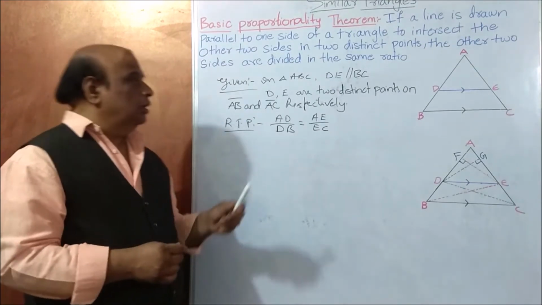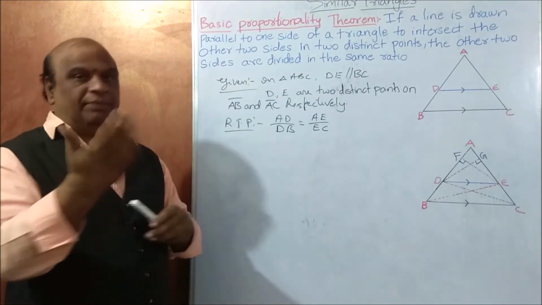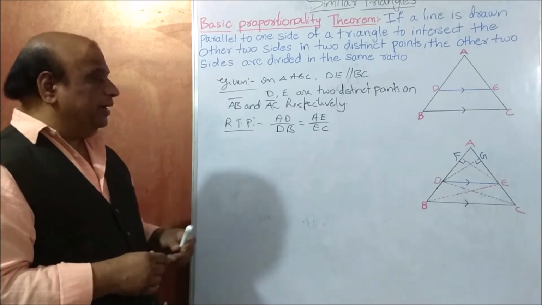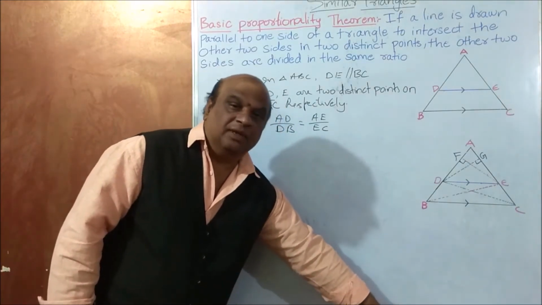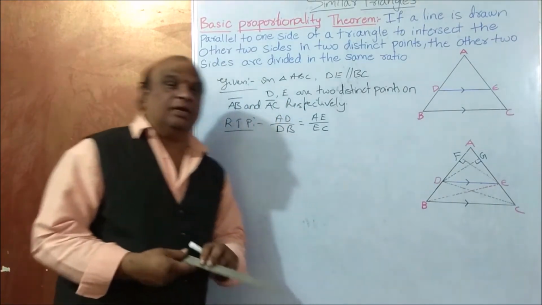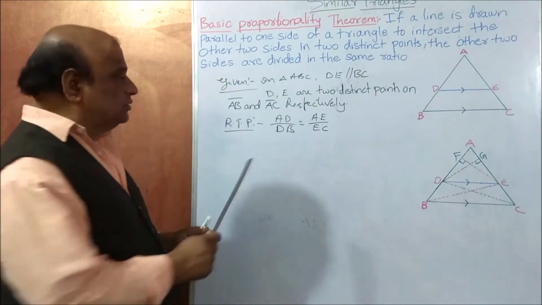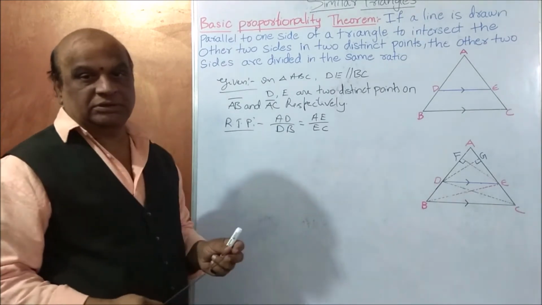Now, I am going to prove this theorem by the second method. What is the second method? Here, my dear students, construction is needed. In the first method, construction is not necessary, but in the second method, construction is very important.